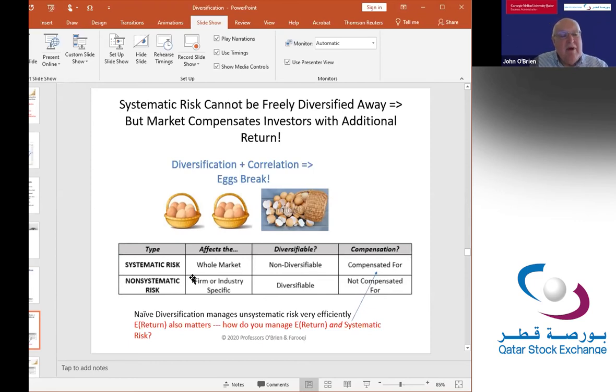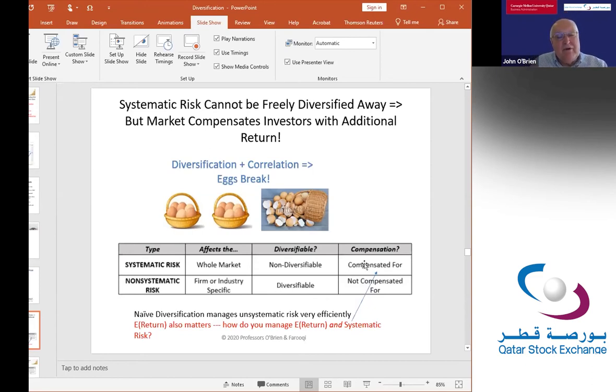So non-systematic risk is firm or industry-specific risk. It's diversifiable freely by forming a diversified portfolio, and therefore the financial markets aren't going to really compensate you. So in other words, you're not getting as much return as you should be for assuming that much risk.